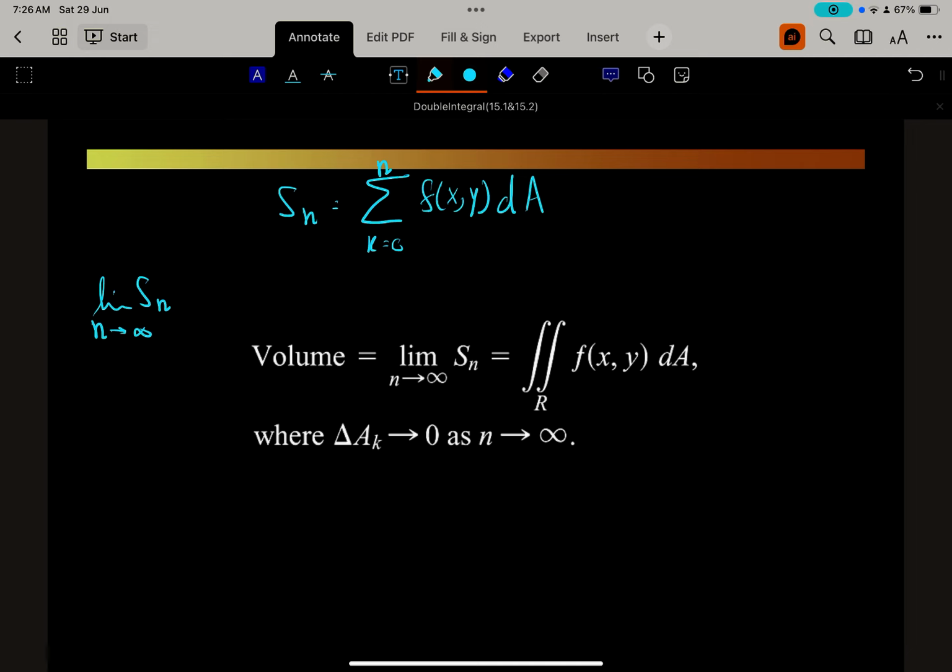What does n approaching infinity mean? Well, n is the number of boxes. So what did n represent for us? n represented the number of boxes.